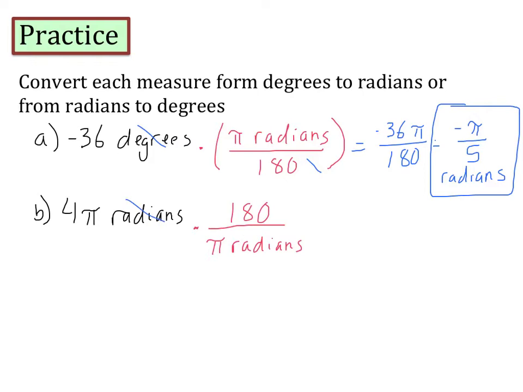Now the radians cancel out, the pi's cancel out, and what we have is 4 times 180, which is equal to 720 degrees. And that's how we convert from radians to degrees or from degrees to radians.